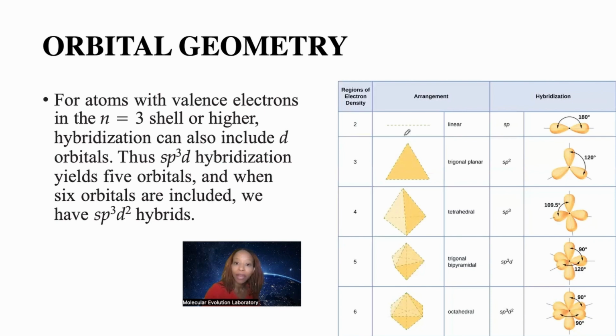For example, based on the region of electron density, a linear geometry would look like a straight line. In this case, you would have one atom in the middle and 2 on the side. So that would be linear, with an s orbital as well as a p orbital, and the bond angle would be 180 degrees because it's a straight line.